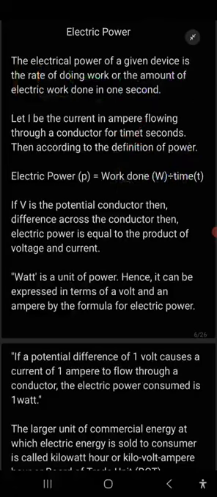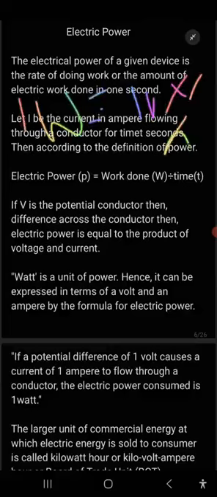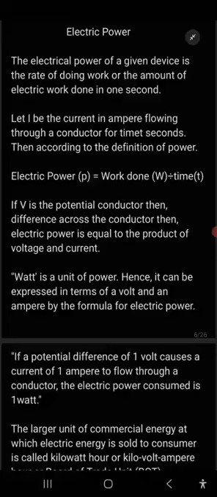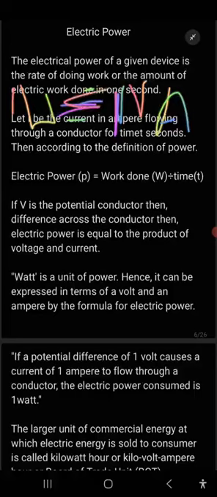So we can write 1 W equals 1 V into 1 A. If you multiply that, 1 W equals 1 VA. Voila.